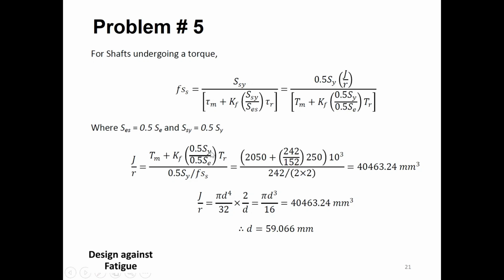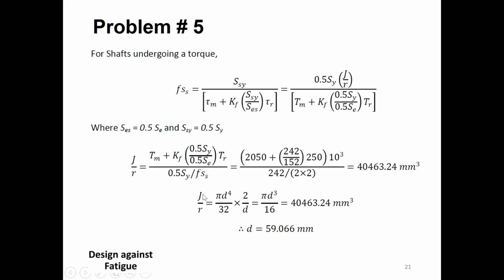Then the yield strength is given, the endurance strength is given, and the reverse torque has been calculated. Dividing by the yield strength and multiplying by 0.5 divided by 2, which is the factor of safety, the 0.5 can simply be used as 2 in the denominator. So this gives us the value for J over R, in millimeter cubed.